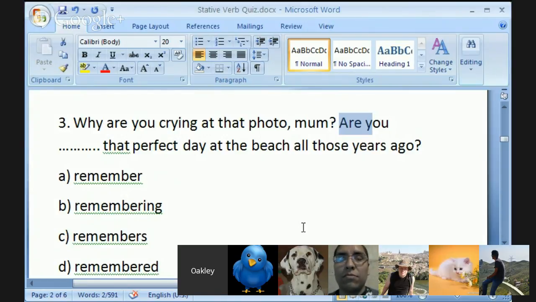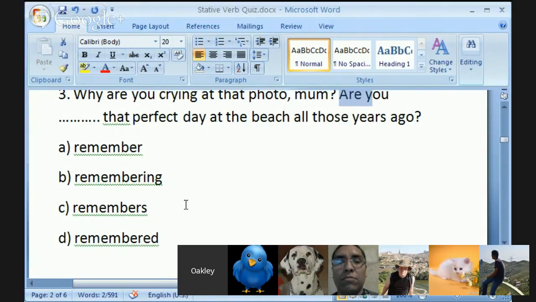Yeah, you're right. Much more common to hear in a question. Are you having that action right now? Is it fitting in the hole? Are you remembering something in that case? Yeah, it becomes dynamic. Is that action occurring right now? You're making it a question, so it would be much more common to hear it in a continuous way.